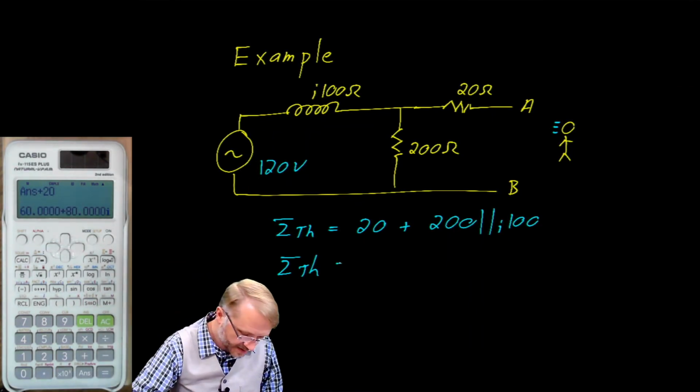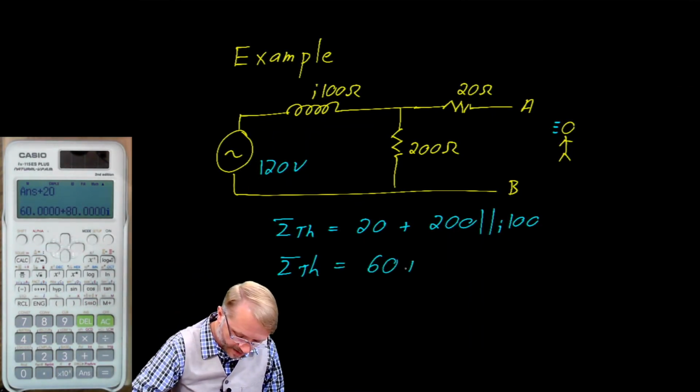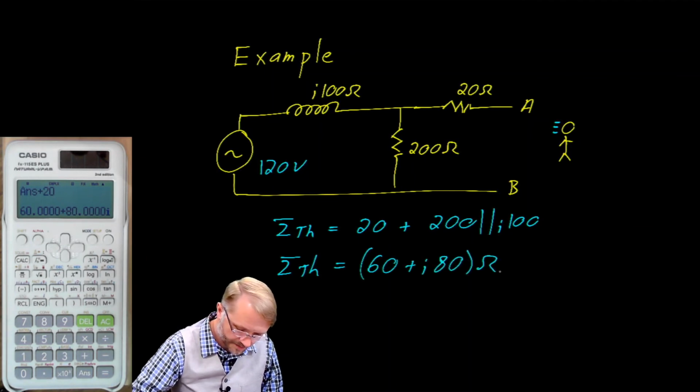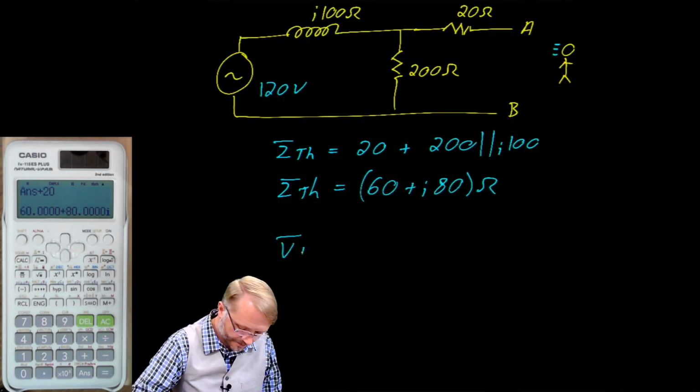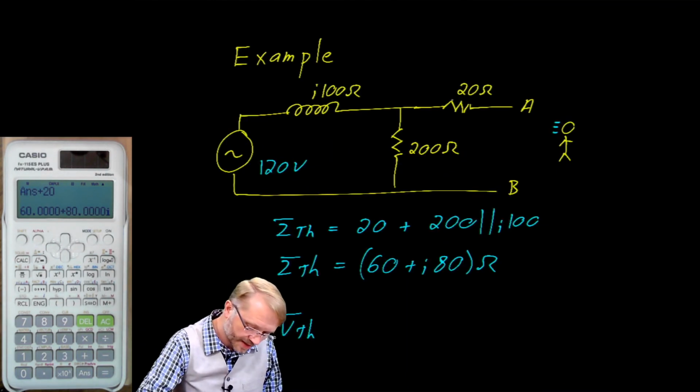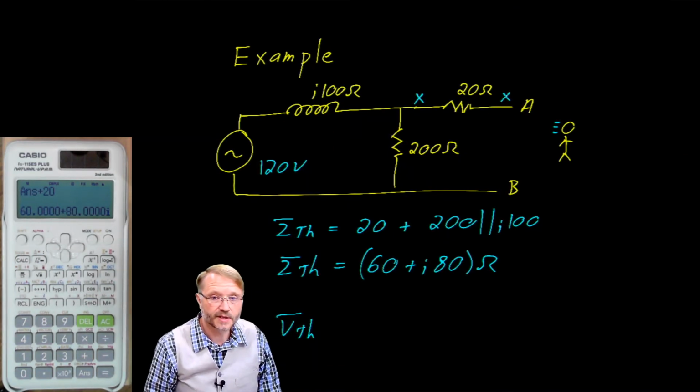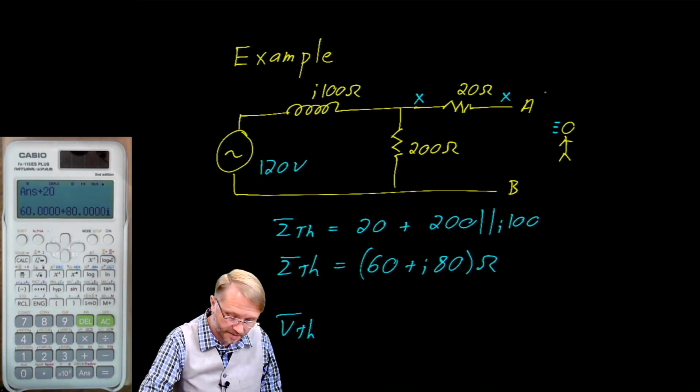So the impedance of this is 60 plus j80 ohms. And now for the Thevenin voltage, you'll notice that this voltage here will be the same as that voltage because there's no current, because there's no load.